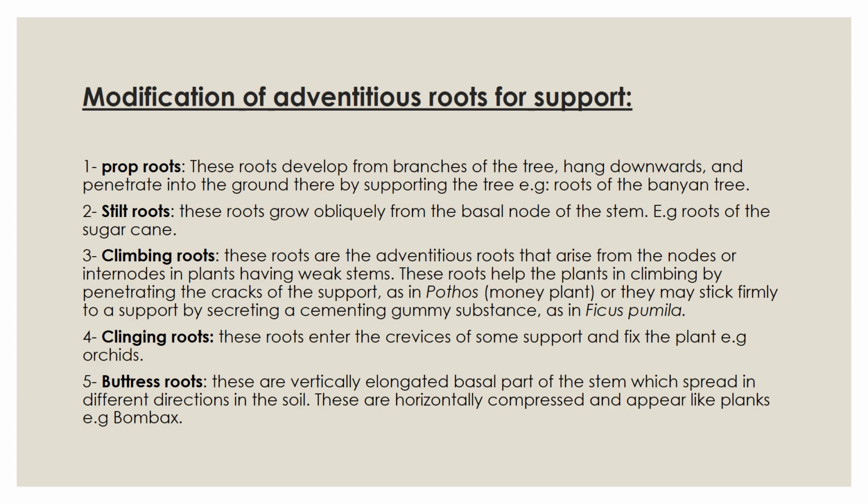You can imagine the stem of a huge tree, and these roots, which are adventitious roots, grow vertically elongated from the basal part of the stem and spread in different directions in the soil, so you can see them over the soil.